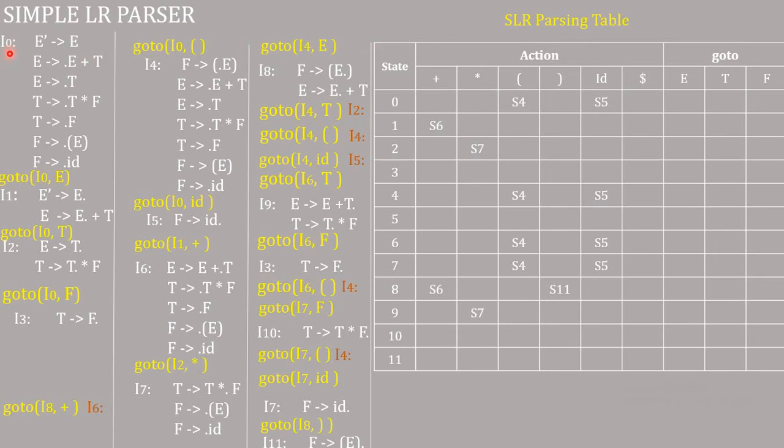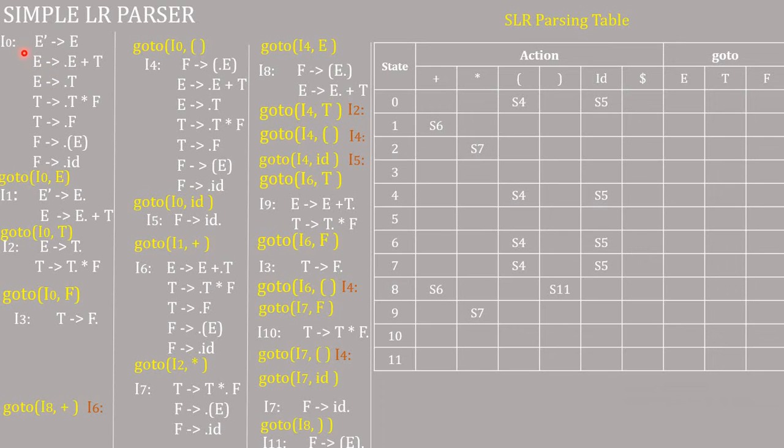Now for item set I0, it is E dash tends to dot E. So the dot is followed by a non-terminal. What you have to do is, for 0th state and for non-terminal E, apply the go to operation.